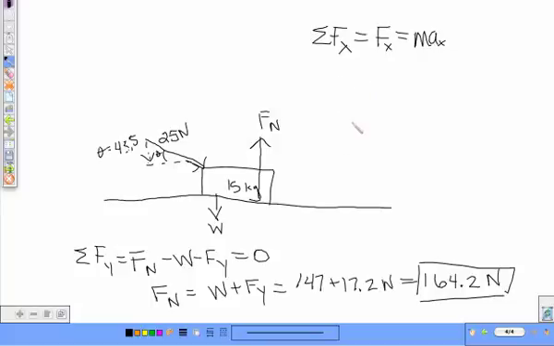So what do we have? 25 times the cosine. 18.1 is f of x. Well, the mass is 15. And so we can find a of x. So 1.2.